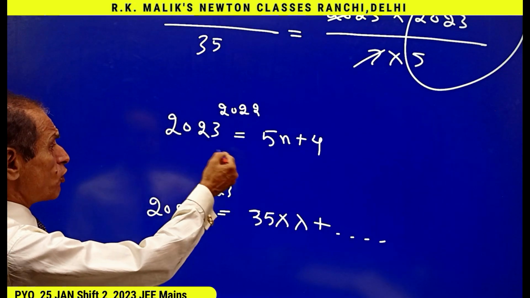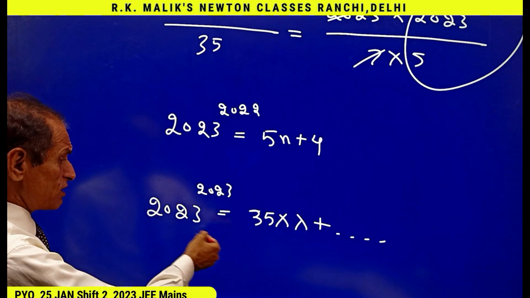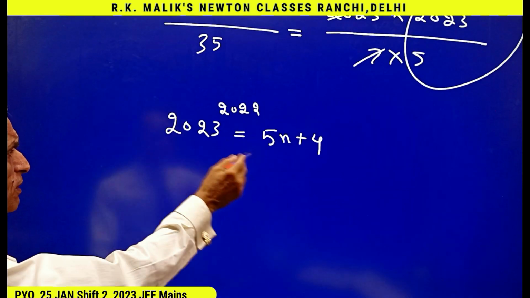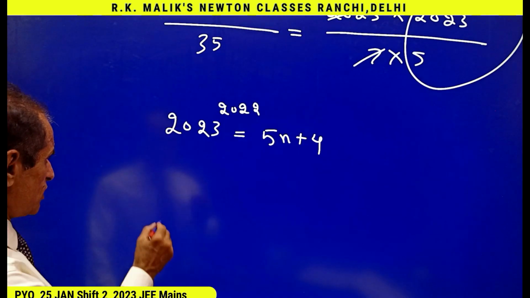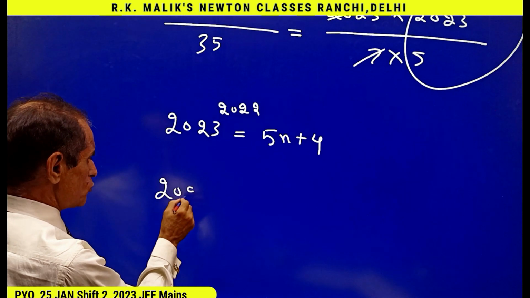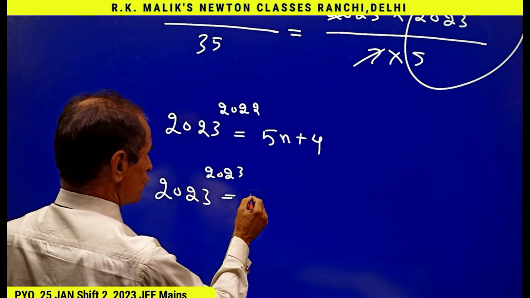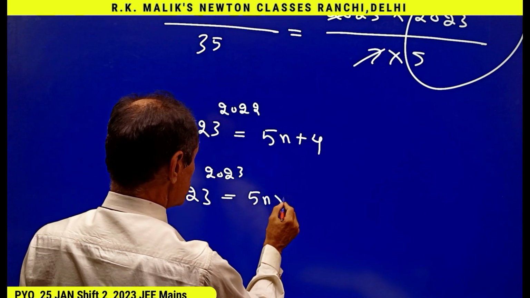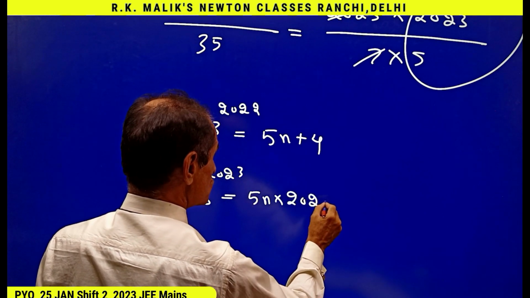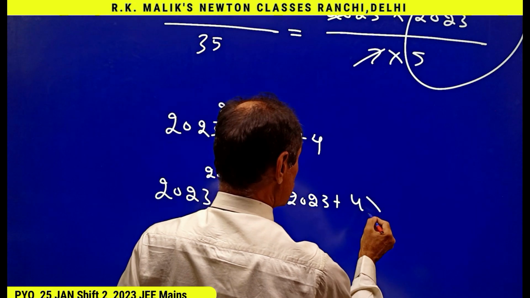And so far I have got this. I have to reach up to this. Now I multiply both sides by 2023. 2023 to the power 2023 is equal to 5n into 2023 plus 4 into 2023.